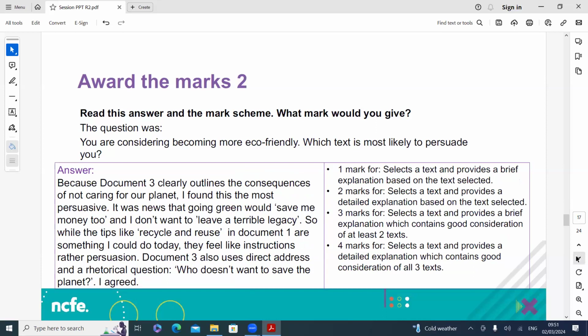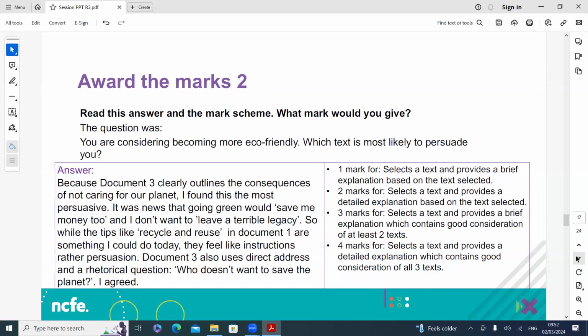So the question here was, you are considering becoming more eco-friendly. Which text is most likely to persuade you? So our answer: because document 3 clearly outlines the consequences of not caring for our planet, I found this the most persuasive. It was news that going green would save me money too, and I don't want to leave a terrible legacy.